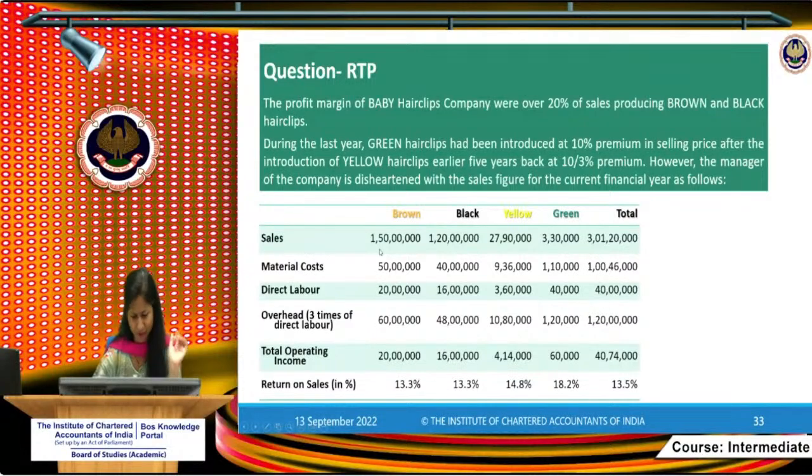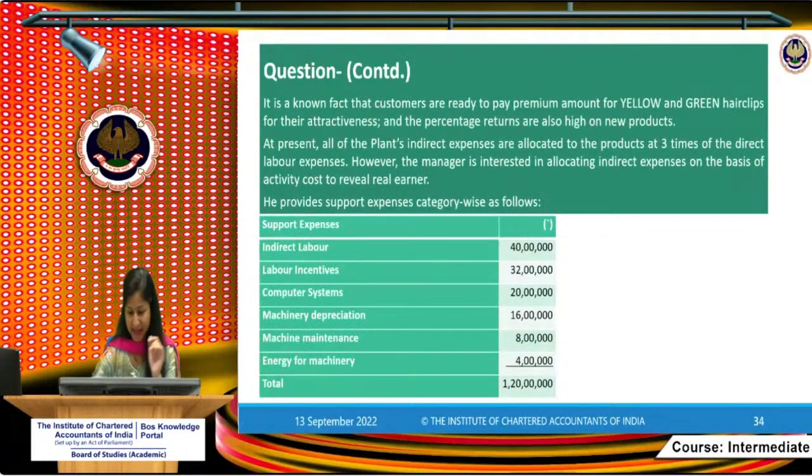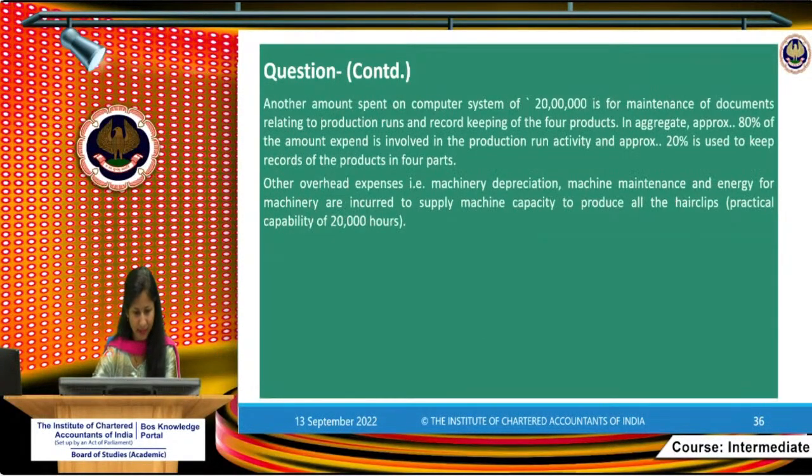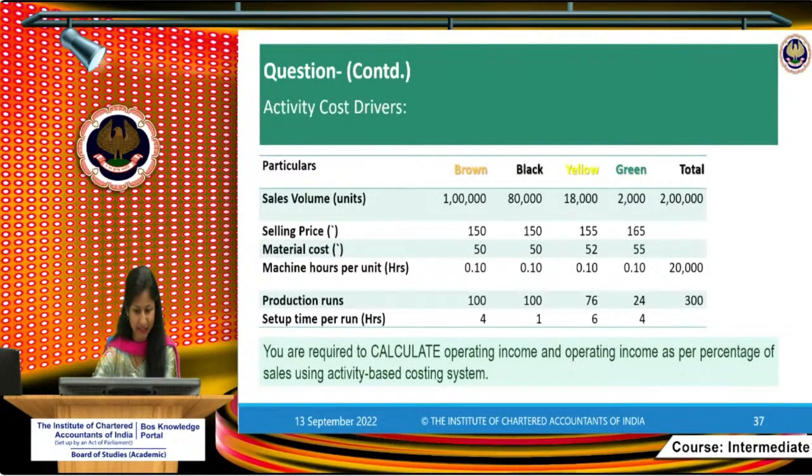Next, there are certain expenses, labor, incentive. I hope these are mostly indirect expenses. We will go through this later on. Any other information we have, quickly.